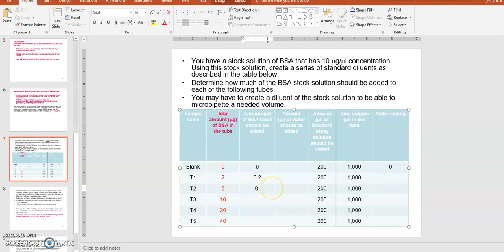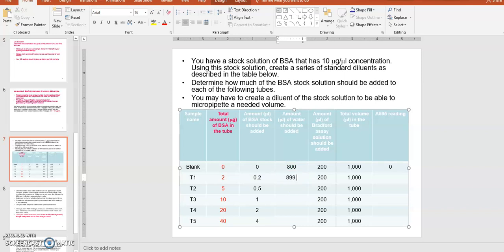This one will be 0.5 microliter, which will give you about 5 micrograms, this will be 1, and that will be 2. That will be 4 microliters of the stock BSA. Then you will get that much BSA added to all these tubes. And then how much water do you need to add to make 800 microliters? So here it will be 800 microliters, right? And here will be what?